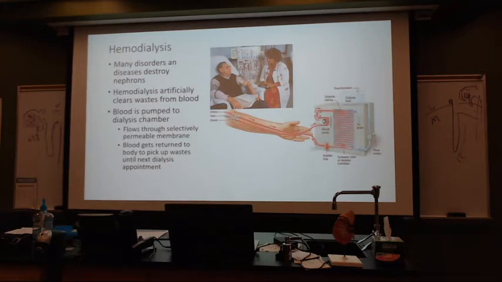One of the things that can happen when the kidneys begin to fail and there's no longer the filtration occurring that's needed, people may have to get dialysis. All right? Lots of different levels of dialysis, but the goal is to clear the blood of toxins. So they'll get hooked up to a machine.